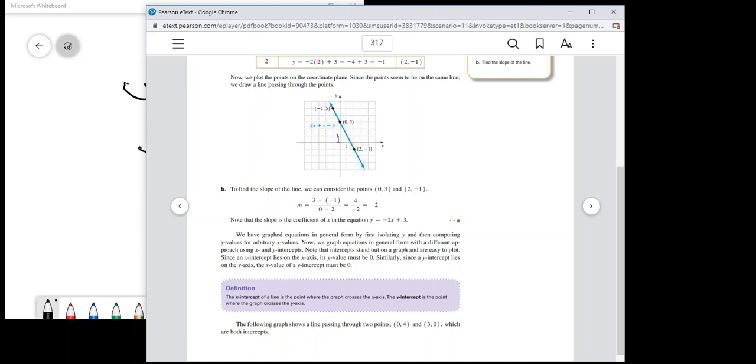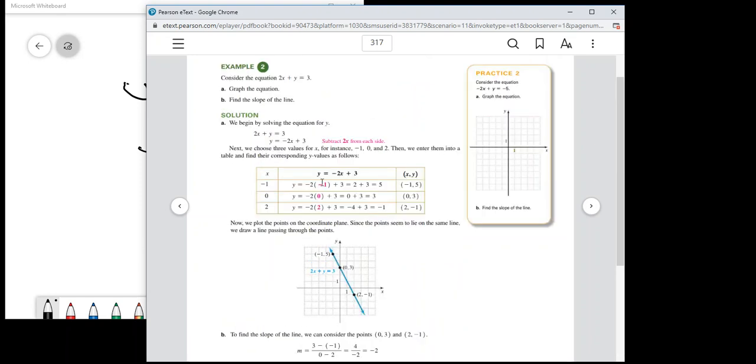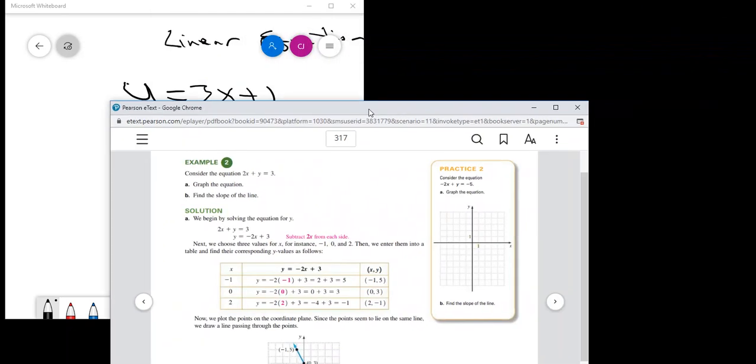And then there's a point on the y-axis, right at 0,3, right? You can find those by plugging zeros in for the equation here, okay? So let's go ahead and do that since I haven't done that yet.